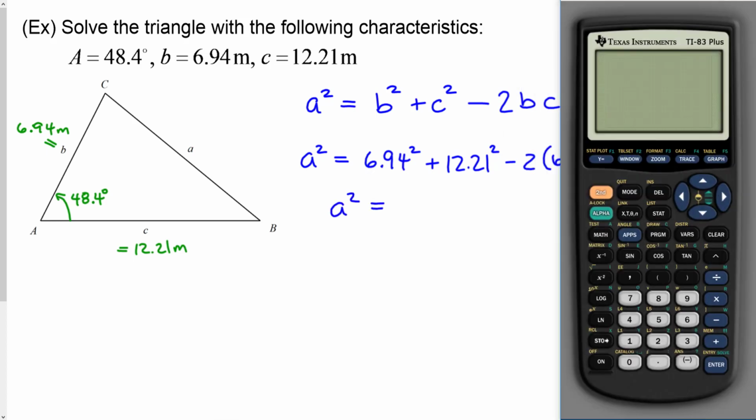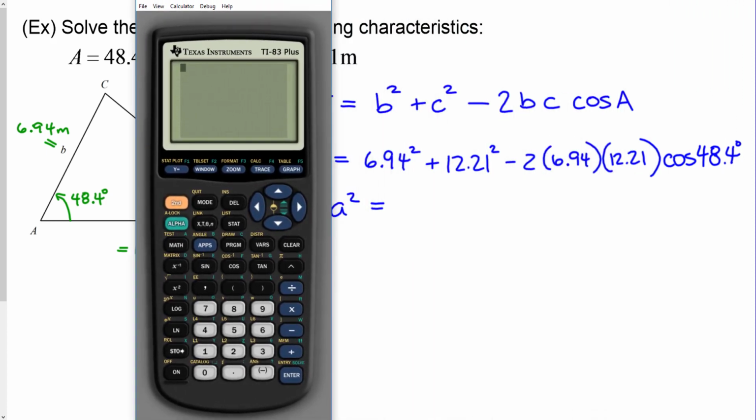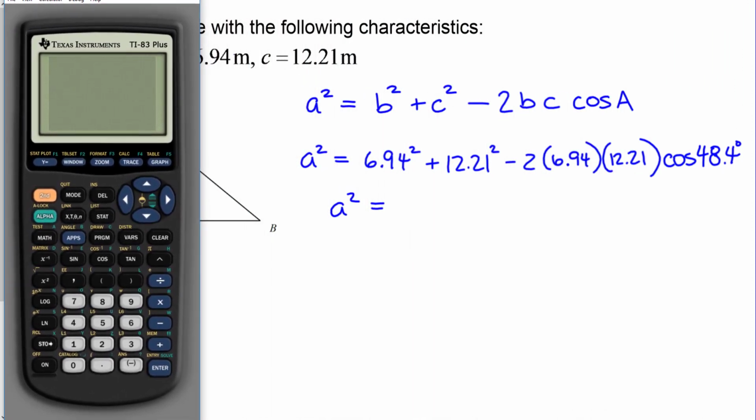All right, so here's the calculator. And let me move it over here to where I can see my equation. That's better.